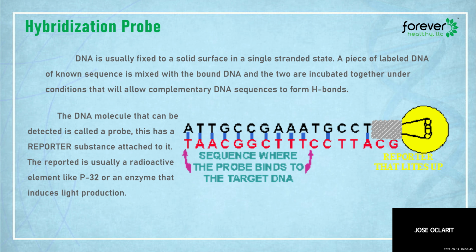Then, for example, I will use the asthma gene. I will now try to find out whether the asthma gene is present in you or not. If it is present, then it will be identified by fluorescing using the isotope. So it's now easy for us to identify whether your gene is defective or not using a probe, because the probe is a reporter and it will report whether the gene that you want to find out is present or not.